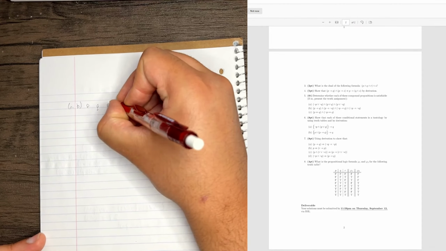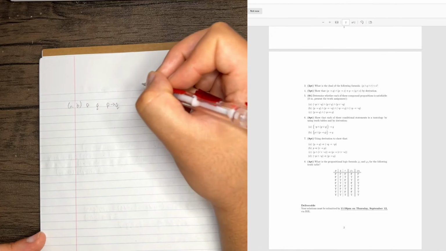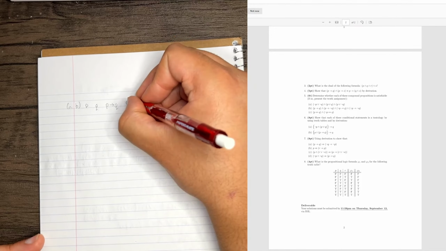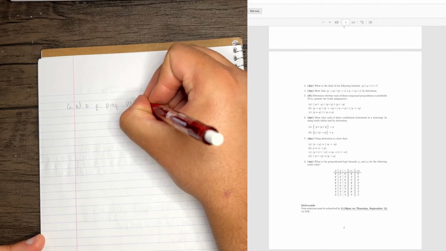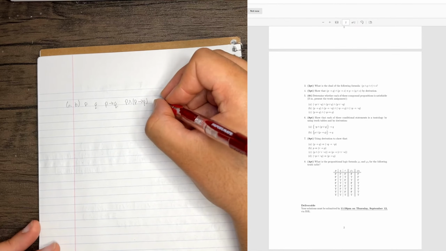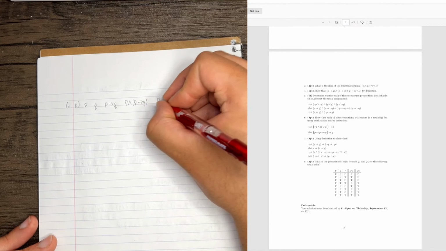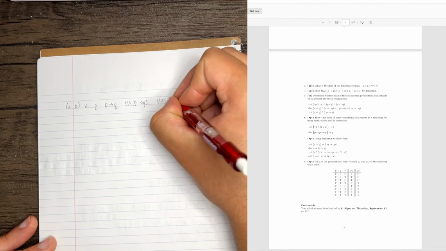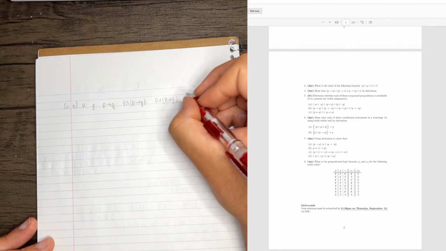P into Q. P and P into Q. P and P into Q, all into Q.